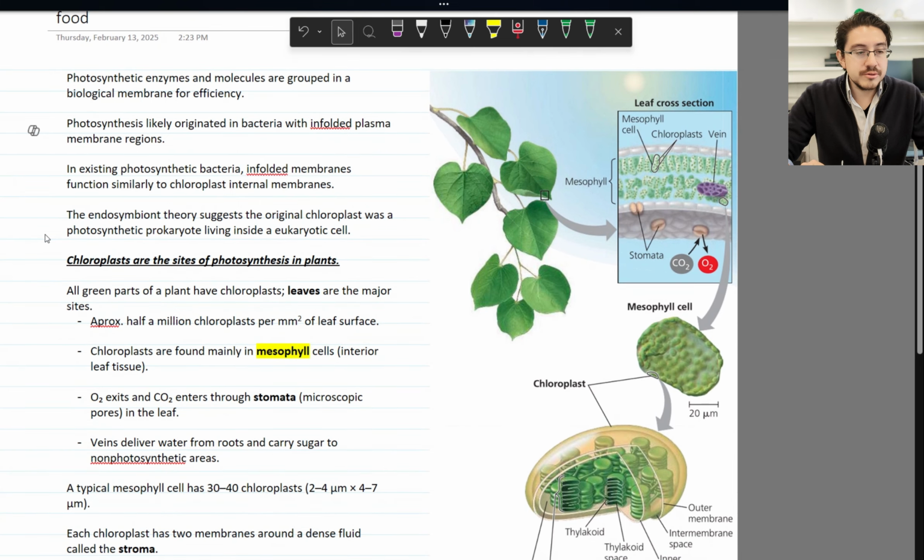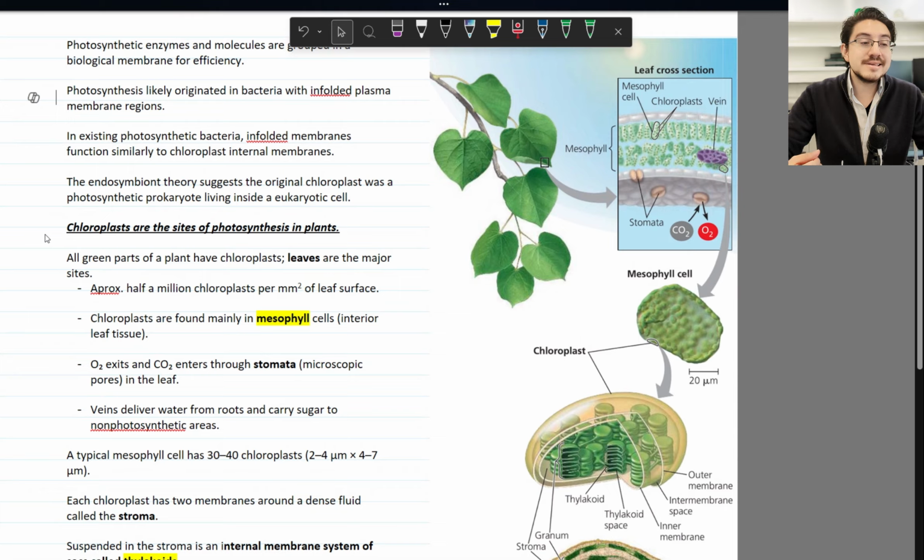And photosynthesis likely originated in bacteria that had infolds of the plasma membrane. So it kind of infolded in particular regions, creating these double membranes. Existing photosynthetic bacteria have those infolds, which function similarly to chloroplasts' internal membranes.